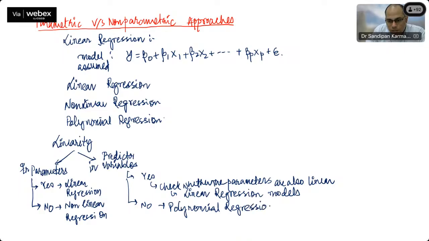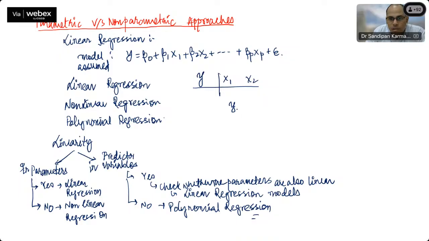Now let me give some examples of linear, non-linear, and polynomial regression. Suppose I have a data set with y and x1, x2.